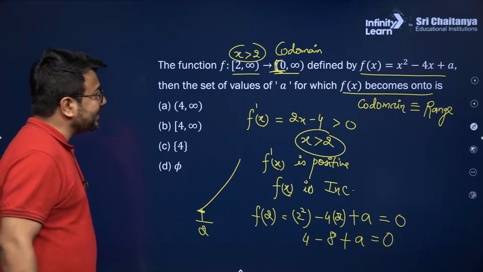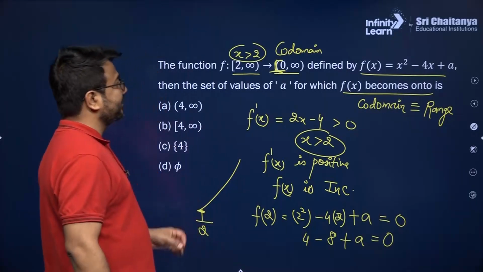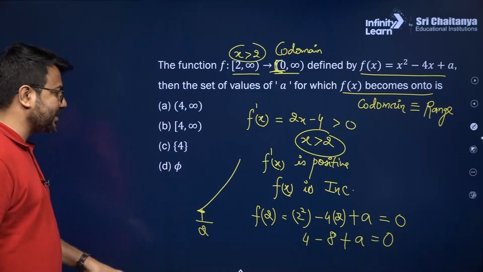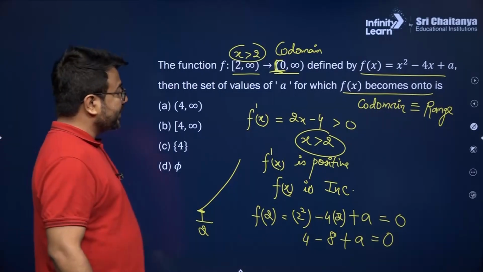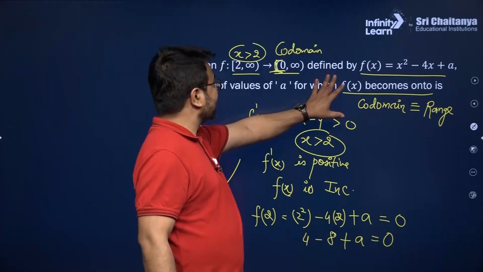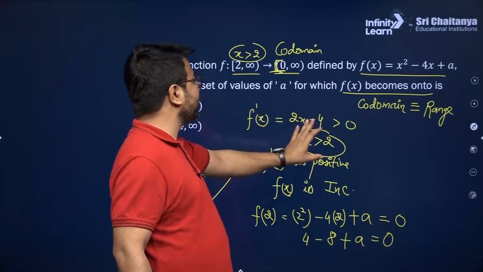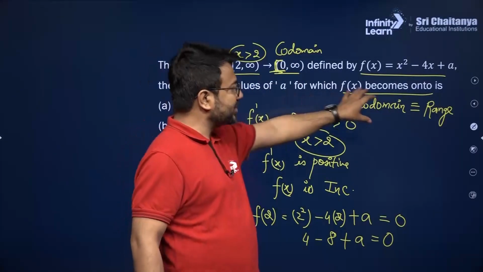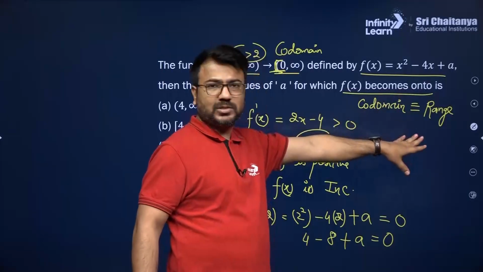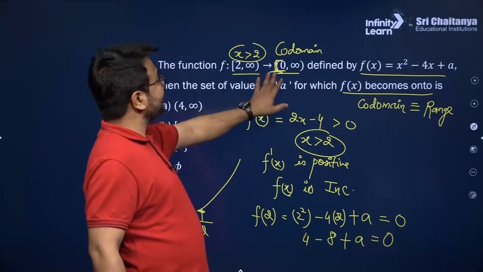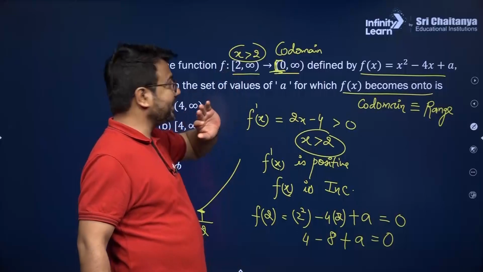So we need to take the value of a in such a way that this particular function is always giving us a positive range. But to make this function onto, codomain should be equal to range. Now here the codomain is given as 0 to infinity.